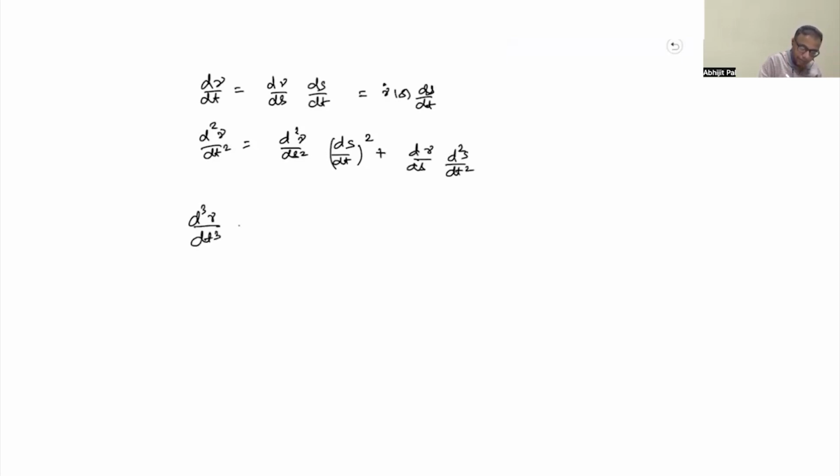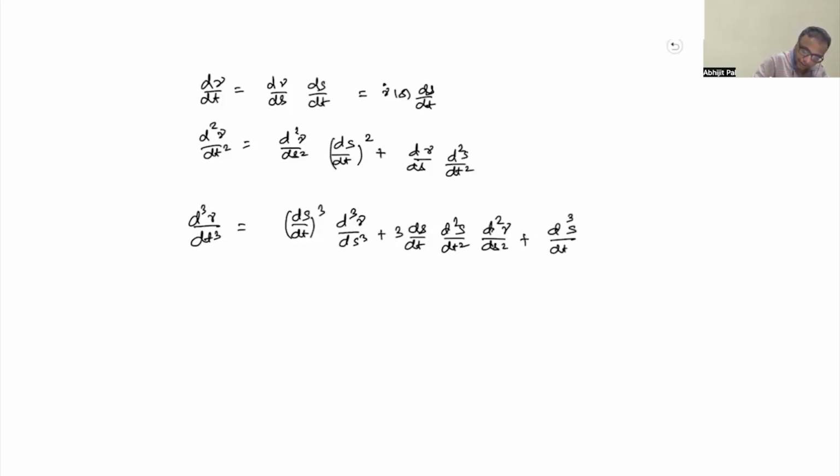This triple derivative will be equal to the following: (ds/dt) whole cube times d³γ/ds³, plus 3 ds/dt d²s/dt² times d²γ/ds², plus d³s/dt³ times dγ/ds. You can show this.